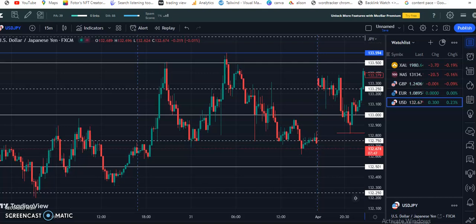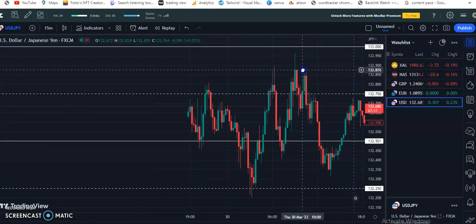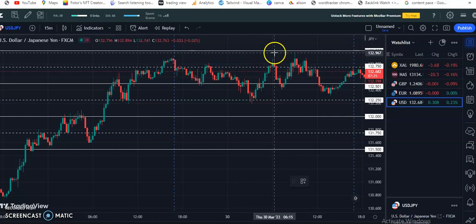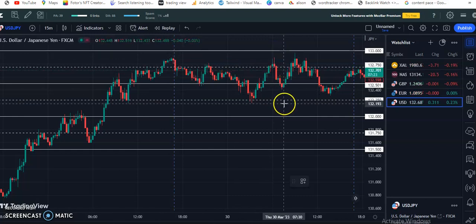So we'll start with the Japanese yen because the setup formed on the London session, and our process is the same. We have our previous day's high. This was our previous day's high and our previous day's low.